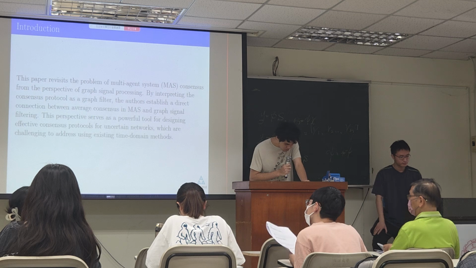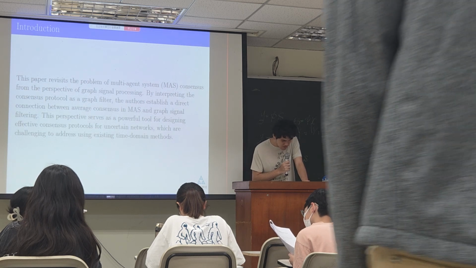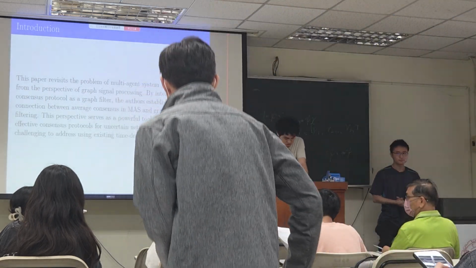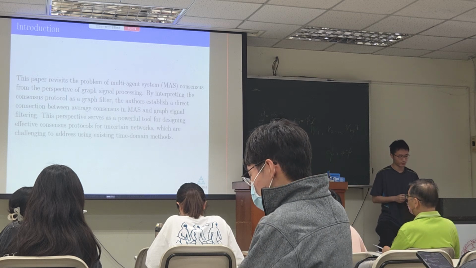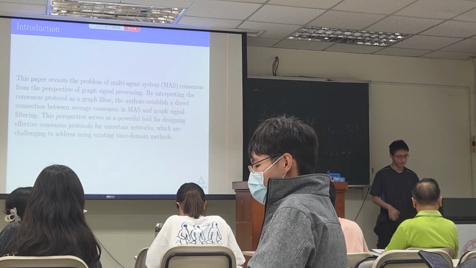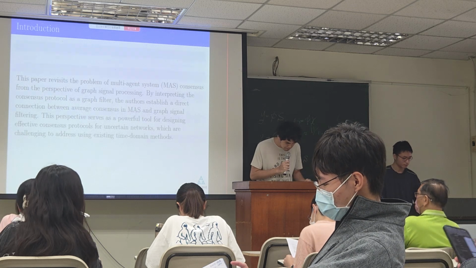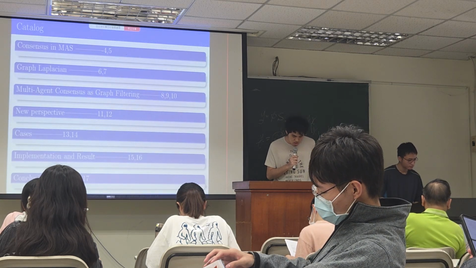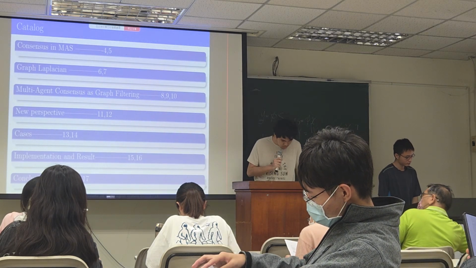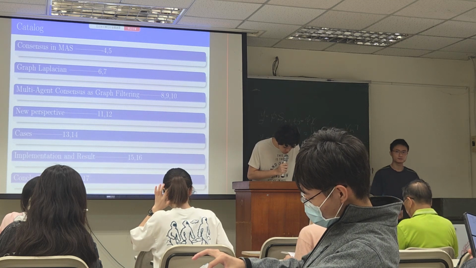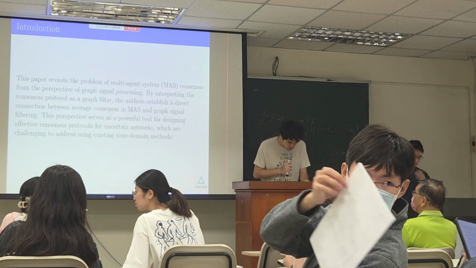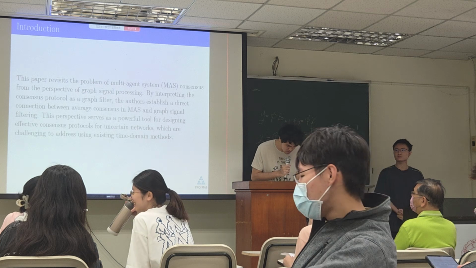In the midterm program, we introduced the consensus problem of multi-agent systems. So today we are still going to talk about the same thing, but from a different angle. Here's a brief introduction.